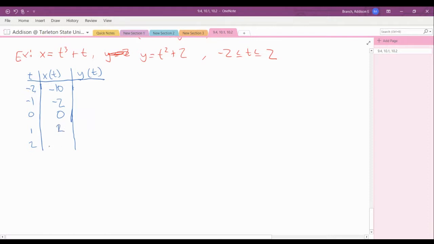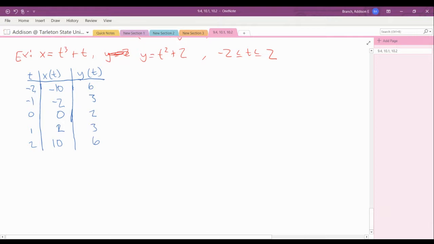And if we plug in 2, we get 2 cubed, which is 8, plus another 2, so 10. Now if we move on to y, we get -2 squared, so 4 plus 2 is 6. -1 squared is 1, plus 2 is 3. 0 plus 2 is 2. 1 squared plus 2 is 3, and then 2 squared plus 2 is 6.